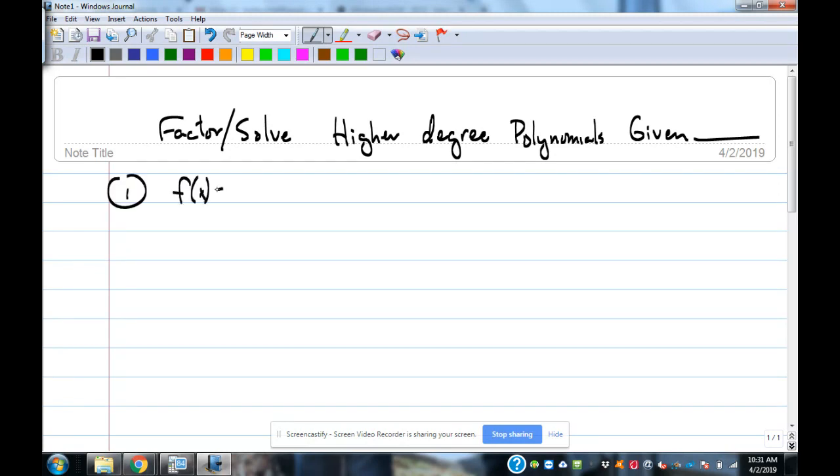So f of x is equal to x to the 5th power minus 5x to the 3rd power minus 36x. And they're giving us that x plus 3 is a factor of that. Okay, so one thing I want to caution you about is don't forget all your rules of factoring anyway.